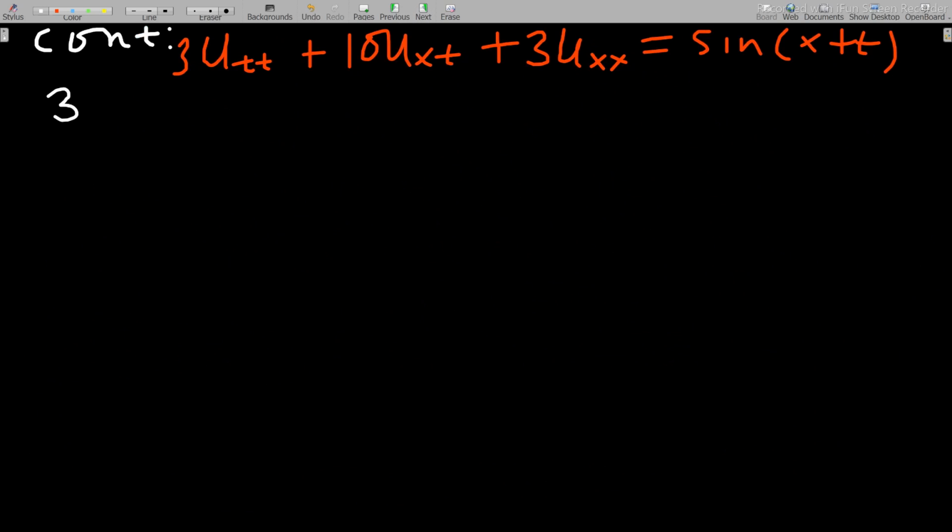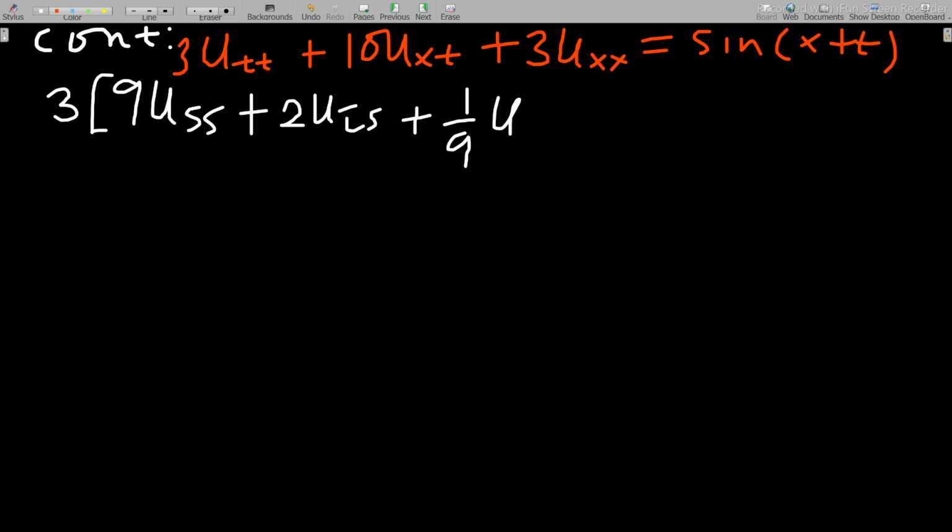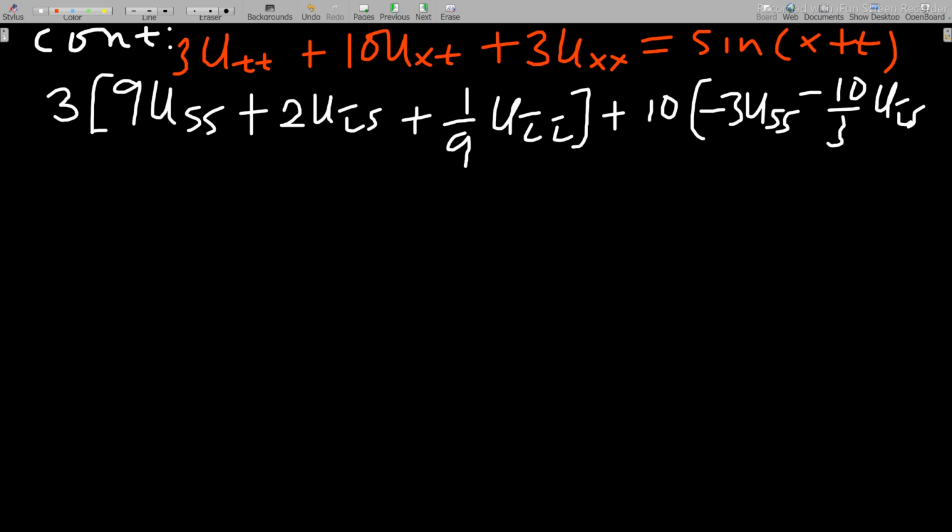So 3, then U_TT was given us 9U_SS. I said you can go through this and solve it. 2U_tau S and plus 1 over 9 U_tau tau, and plus 10 times U_XT, which is negative 3U_S minus 10 over 3 U_tau S and minus 1 over 3 U_tau tau.